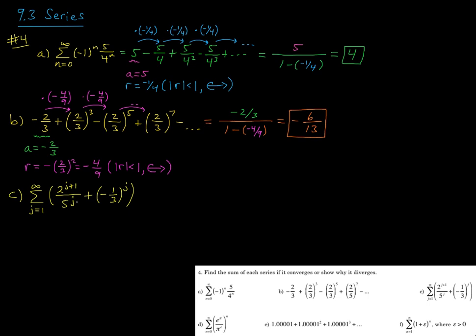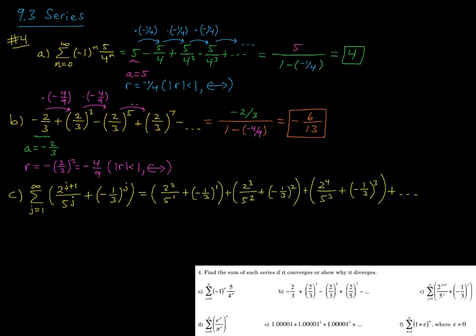All right, moving on to part C, we're looking at the sum of 2^(j+1) divided by 5^j, and then we're adding to that (-1/3)^j. Okay, so here j varies from 1 to infinity, so let's write out the first few terms. So we're going to get 2 squared over 5 to the first plus (-1/3) to the first, and then 2 cubed over 5 squared plus (-1/3) squared, and so on and so forth.